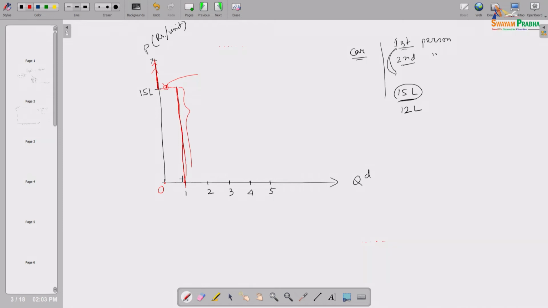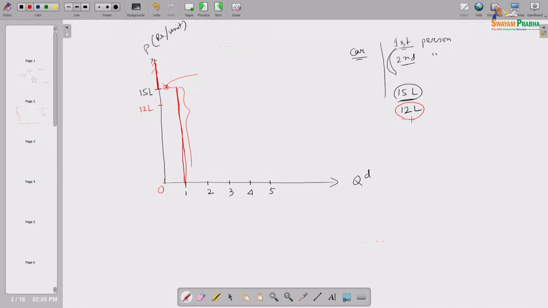Second person, if he can participate in the market, will also purchase only one piece of that car. Exactly the same way, if we want to draw in this panel the demand curve for the second person, what will it be? If this is the 15 lakh, perhaps here somewhere 12 lakh, because his willingness to pay is 12 lakh.